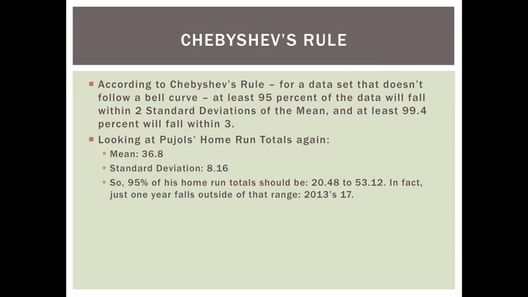And then you subtract another 8 or add another 8 there. So 95% of his home run totals should be 20.48 up to 53.12. In fact, just 1 year falls outside of that range, 2013's 17 total home runs.